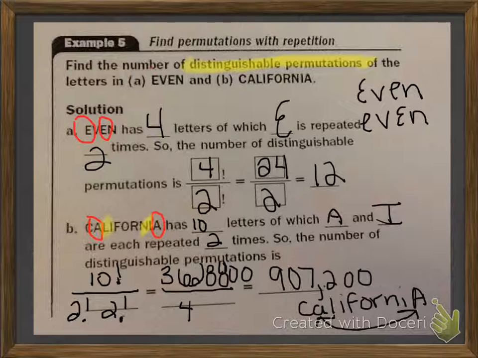I could switch places, but other than them one being uppercase and one of them being lowercase, you would not be able to tell the difference. So that would be an example of something that's a permutation, but not a distinguishable permutation.